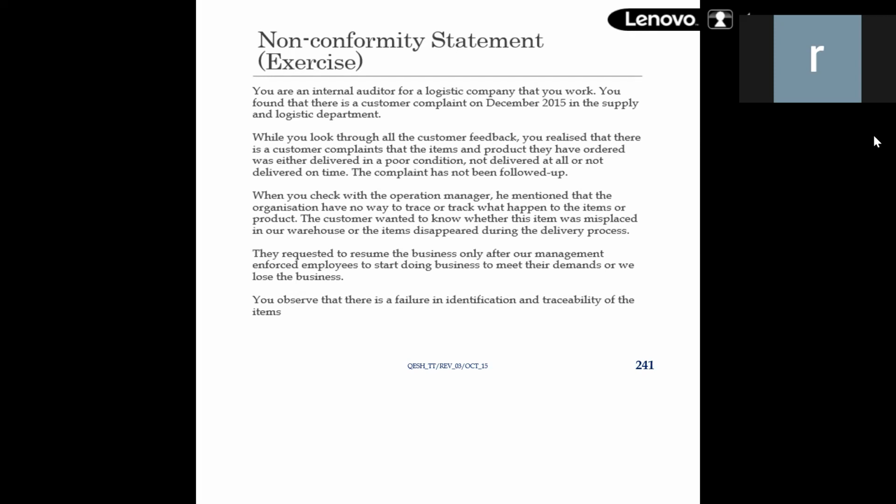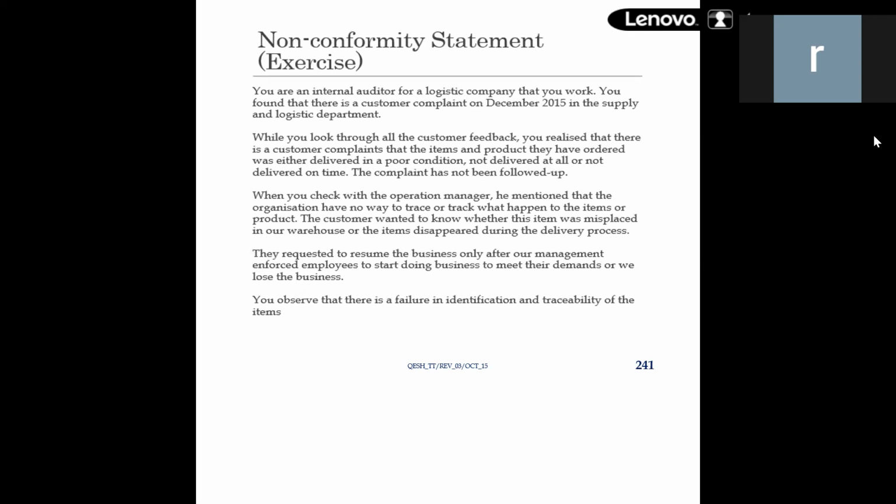While you look through all the customer feedback, you realize that there are customer complaints that the items or products they ordered were delivered in poor condition, or not delivered at all, or not delivered on time, and the complaint has not been followed up. When you check with the operations manager, he mentioned that the organization has no way to trace or track what happened to the items or products.